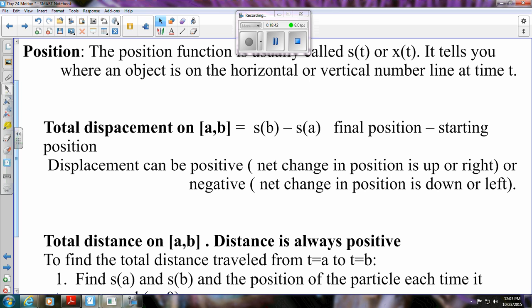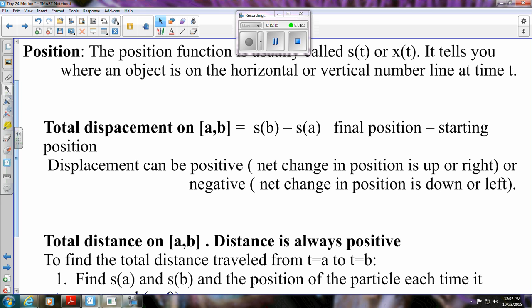So let's say I start out on the number line at -4, and I move over to position 0. What would be my displacement? Well, the final position is 0 minus the starting position, which is -4, so that's going to be +4. And that's telling you that you moved 4 to the right because you got a positive number.